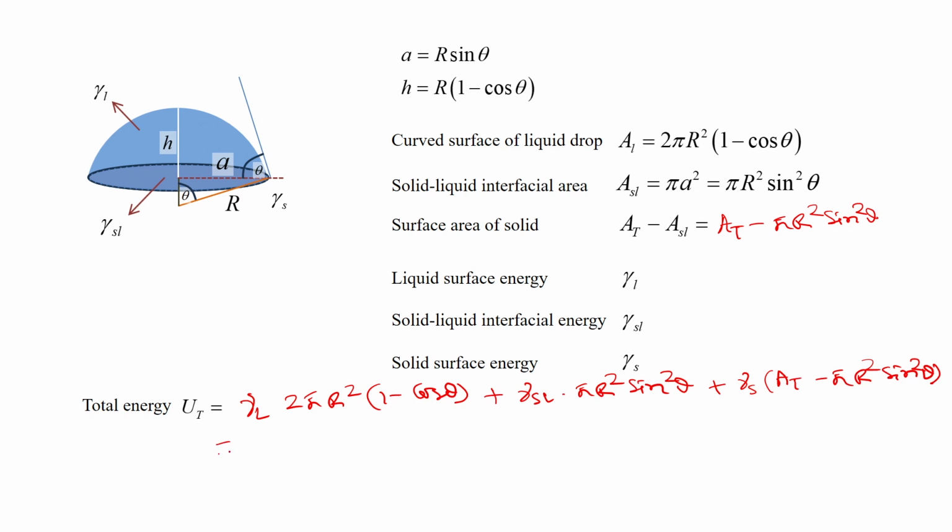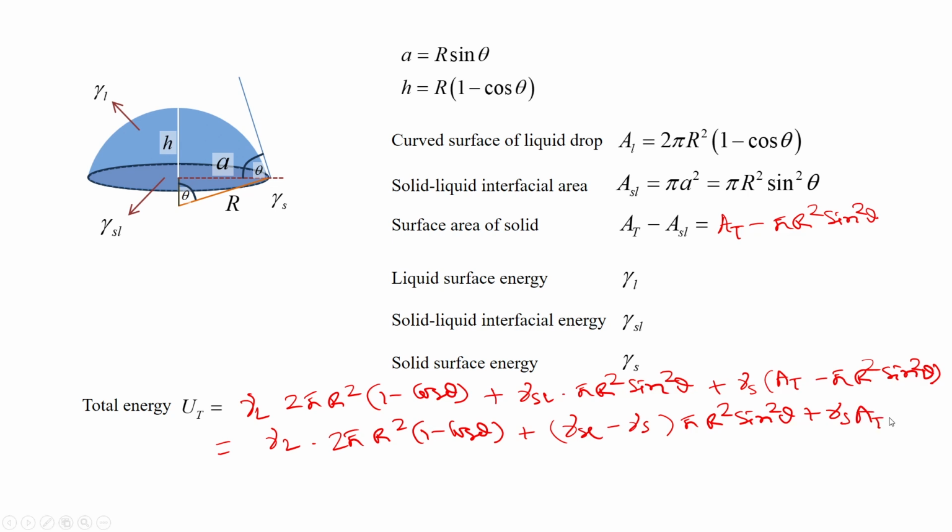If I write in a little bit more compact form, it will be gamma L into 2 pi r square 1 minus cos theta plus this is gamma SL minus gamma S into pi r square sin square theta plus this is gamma S into AT. It will be like this.